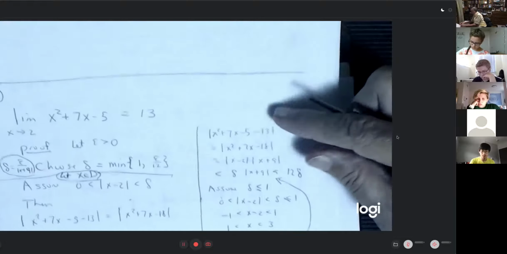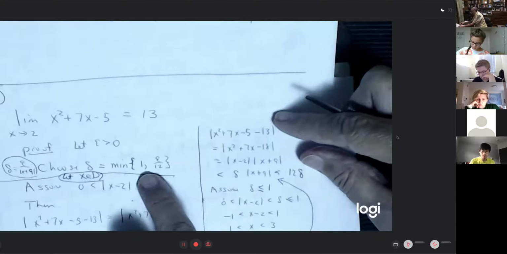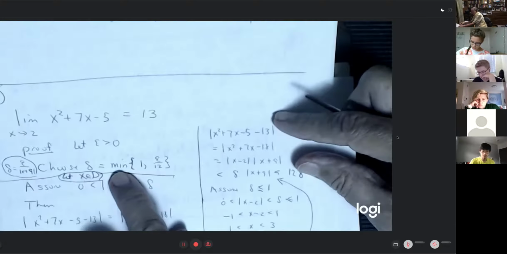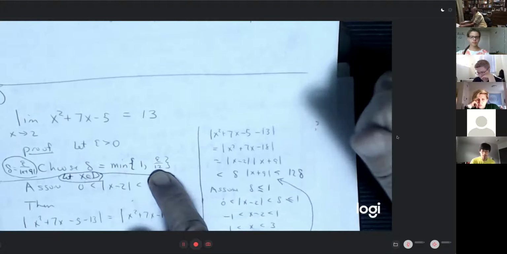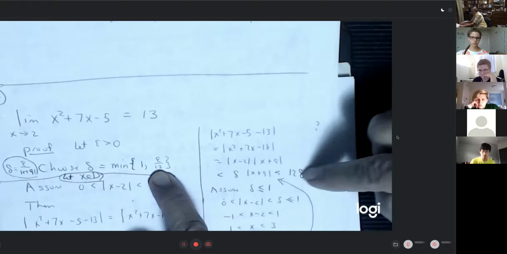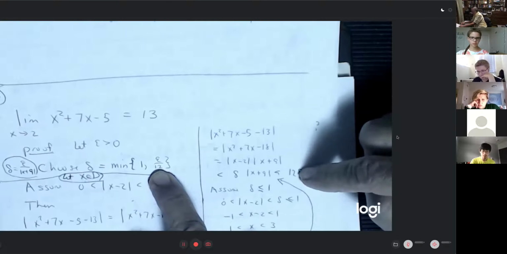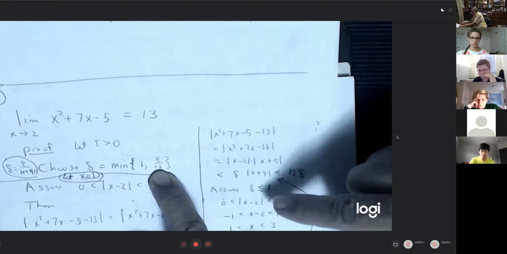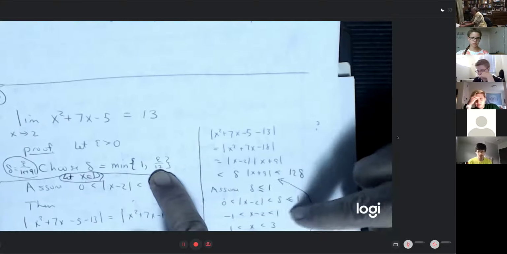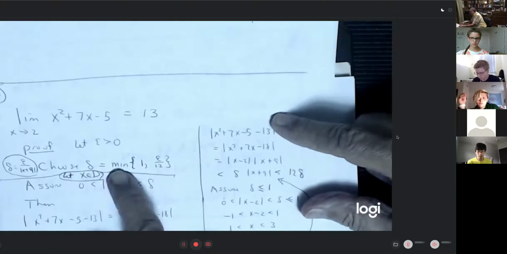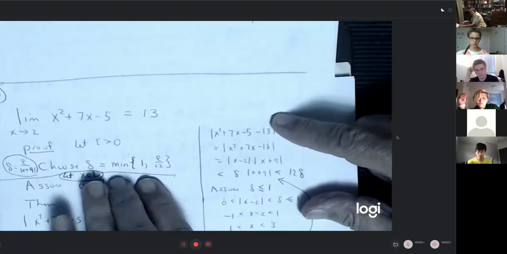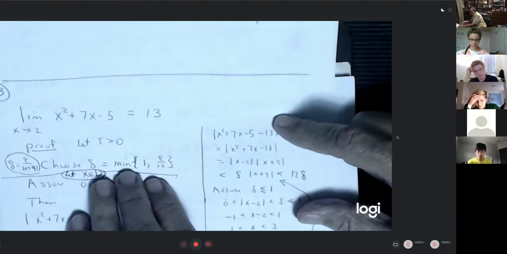So now we can maybe understand why I chose delta to be the smaller of 1 or epsilon over 12. Where did 12 come from? It came from saying I'm going to pick the delta to be smaller than or equal to 1. And when I do that, that says x plus 9, therefore, is smaller than or equal to 12. So I choose delta to be the smaller of these two. And then I try to do my proof.